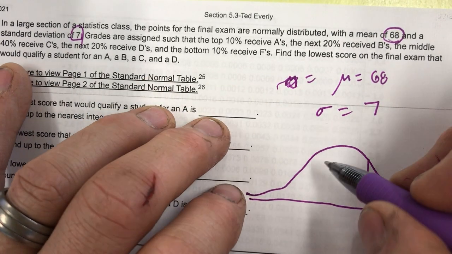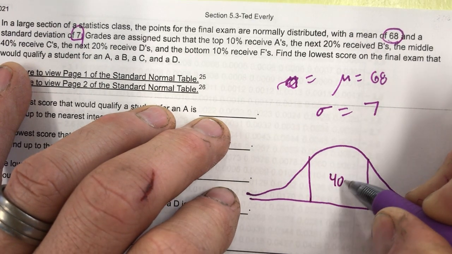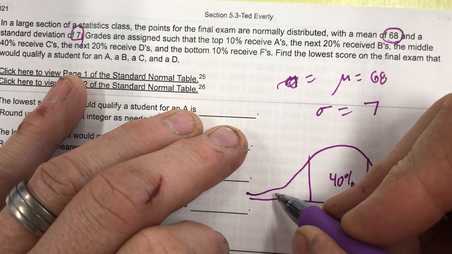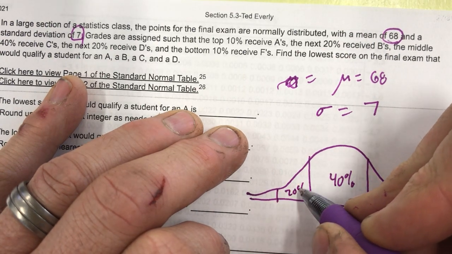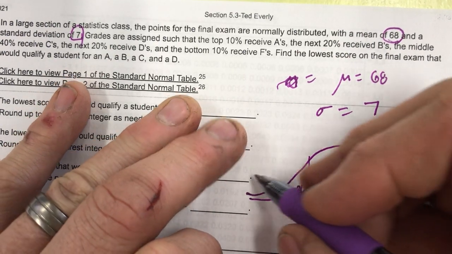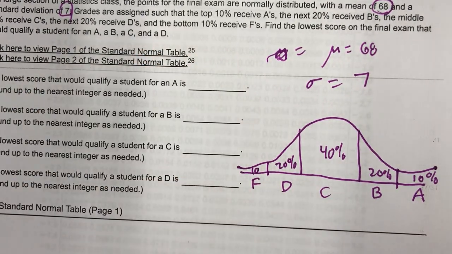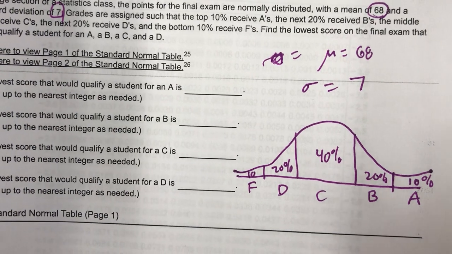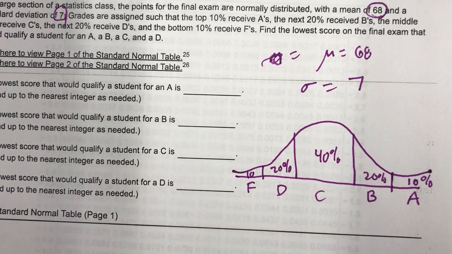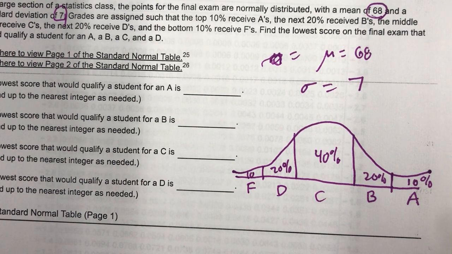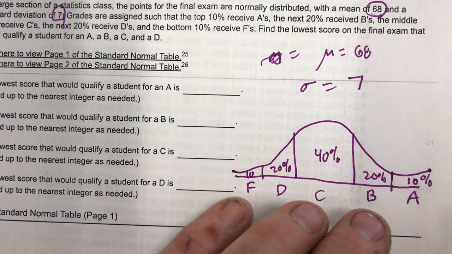The middle 40, so this is 40% here. They're going to get C's. And the next 20%, that's your D. And then the bottom 10% is your F. Now, I have had college professors that do this. Your score is based on what everybody does in the class. It's not based on a certain grade, it's just based on how well everybody does.